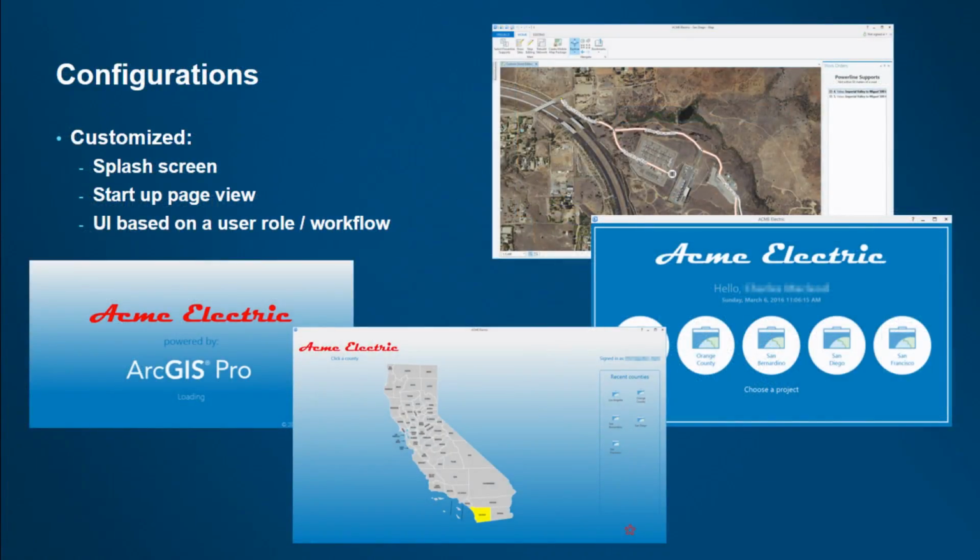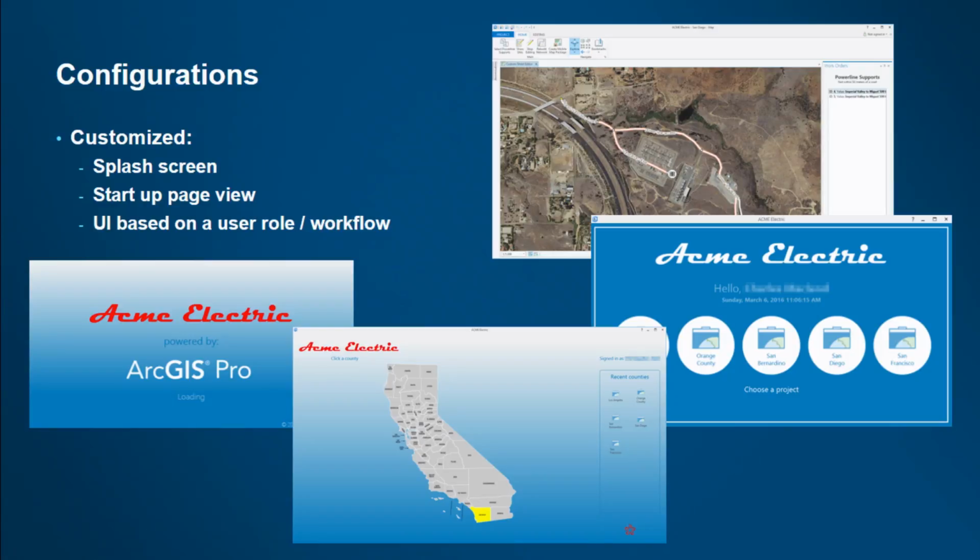So here are some screenshots, again, of some of the samples that are out there. This is the config with map. And again, this is the splash screen, a start page, and that whole user interface based on that user role or workflow. As you're working with the start page, you might have a geographic view, or in the case on the far right here, you might be working with a project-centric view.